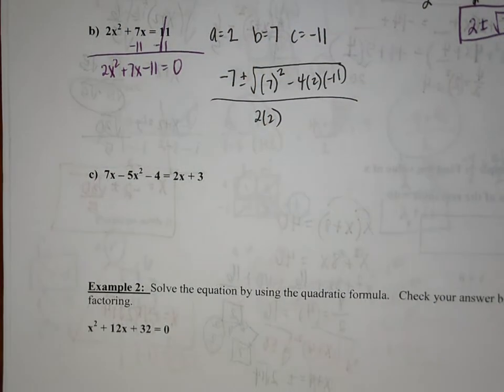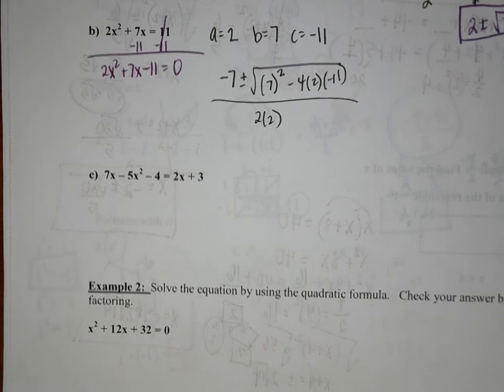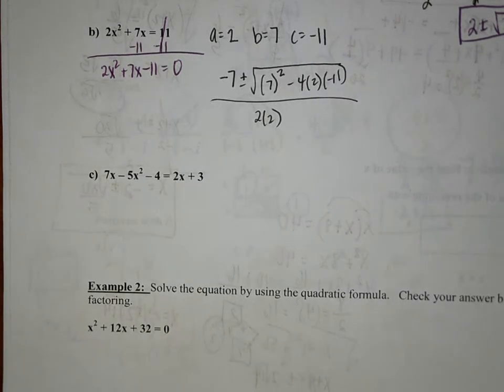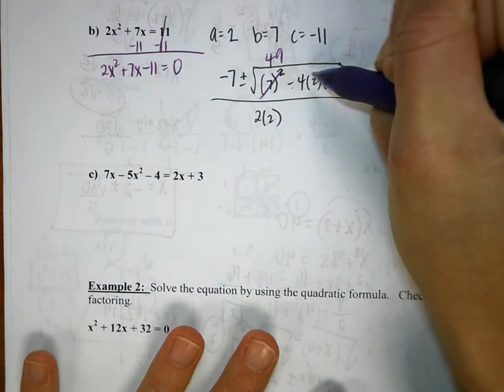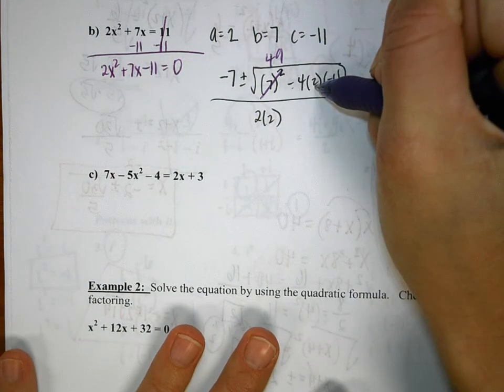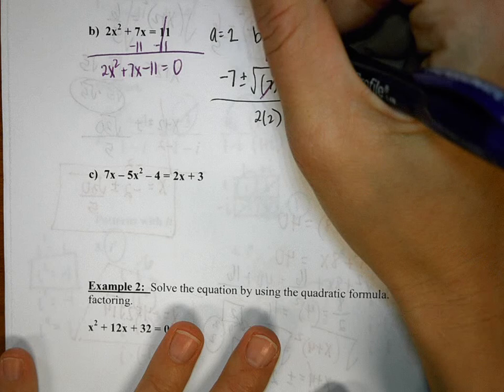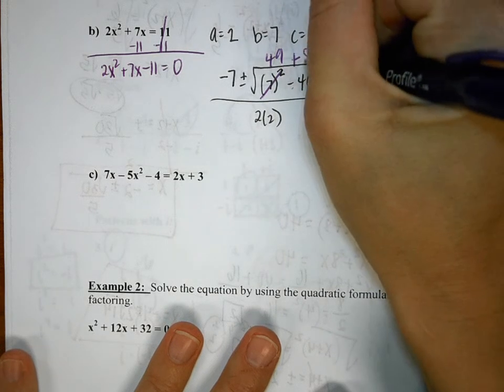So I always simplify what's under my root. So 7 squared is what? 49. And then when I multiply -4 times 2 is -8, and then -8 times -11 is +88.